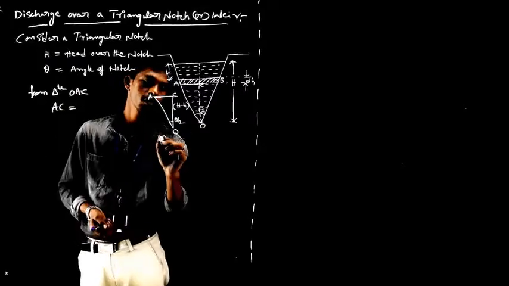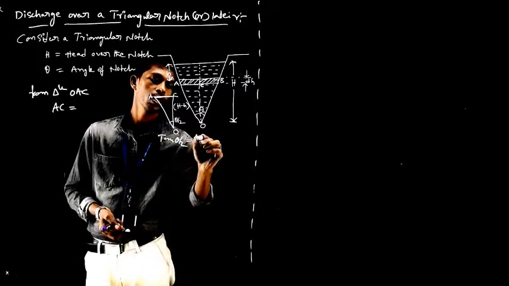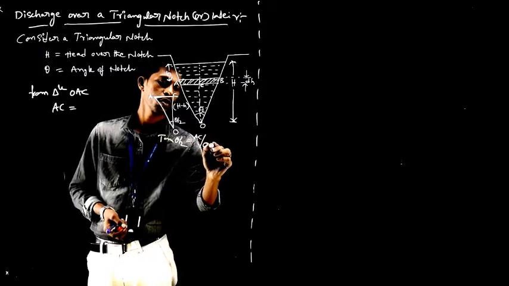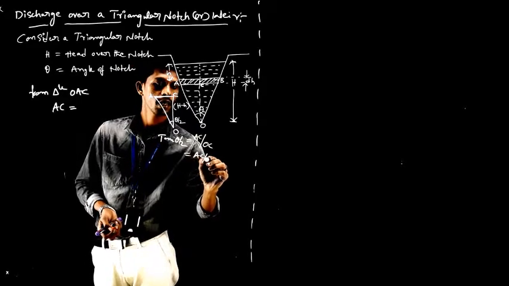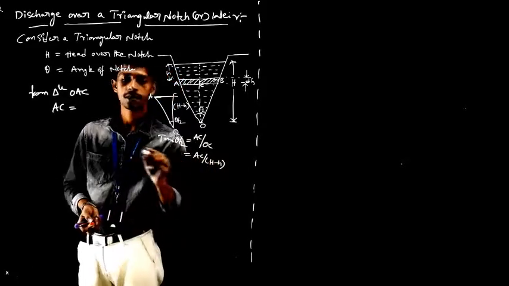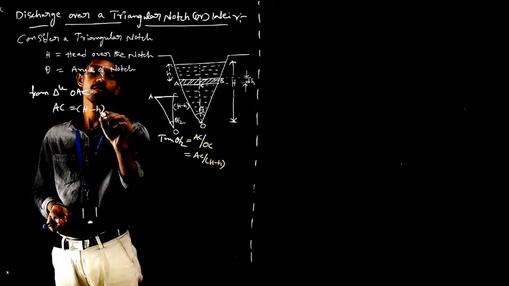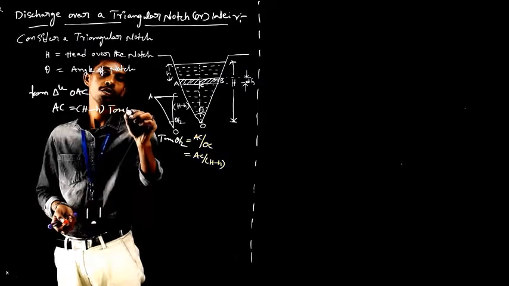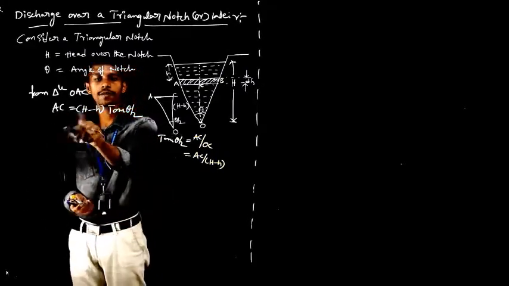Here tan theta by 2 will be AC by OC, that means AC by capital H minus small h. From this, we can write AC is equal to capital H minus small h into tan theta by 2, right?